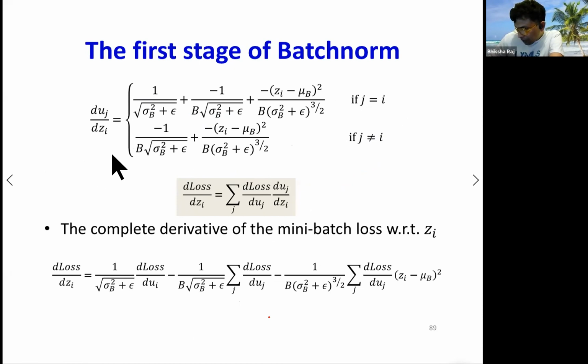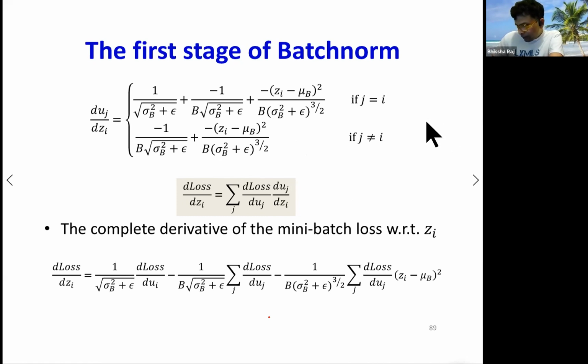Now the derivative of the loss with respect to any zj sums over all of the u's, and the derivative of any uj with respect to zi, it has this extra term for the through path, for the remaining paths, and all paths have these 2 terms in common.